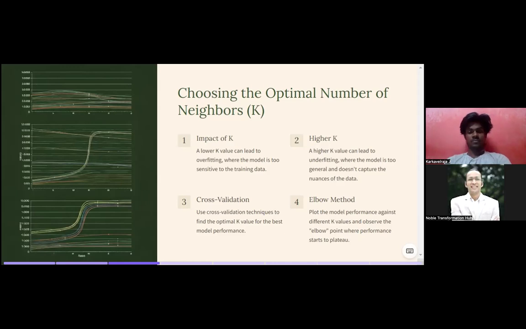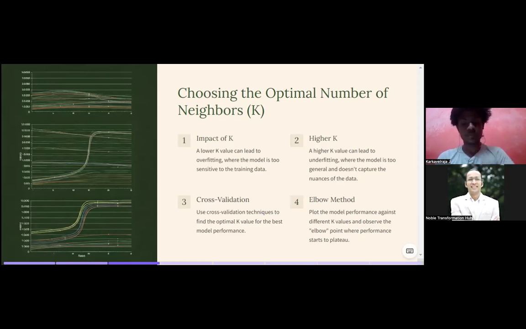So cross validation gives the optimality for the model. It uses the cross validation technique to find the optimal K value for the best model. If you see, I smell something here, that is mean, mode and baseline, normal distribution. I smell it here with cross validation, guys, because it is a balance of optimality.